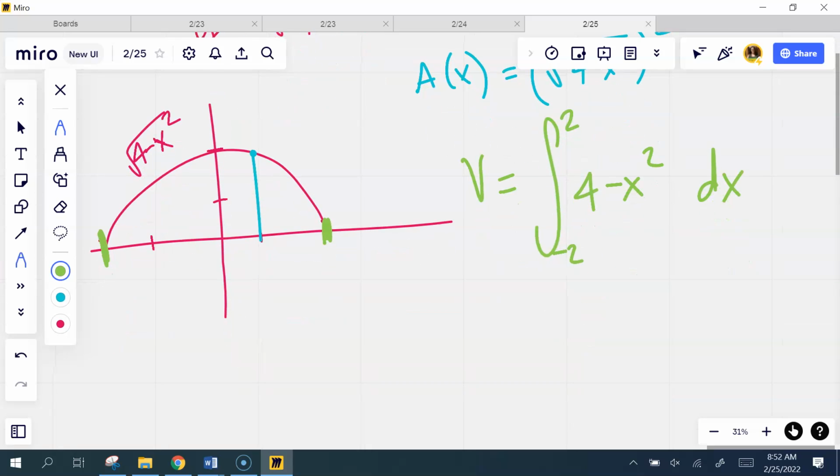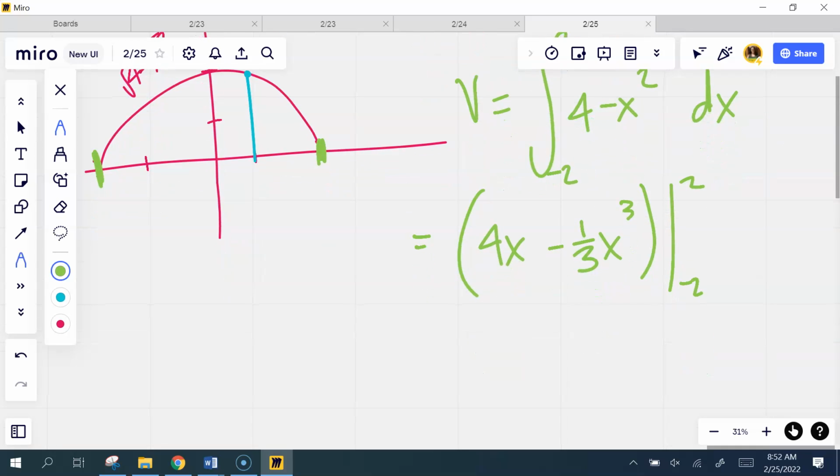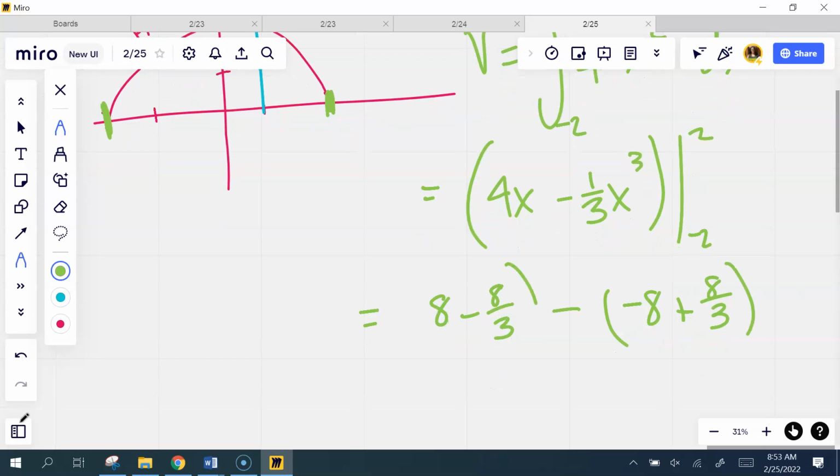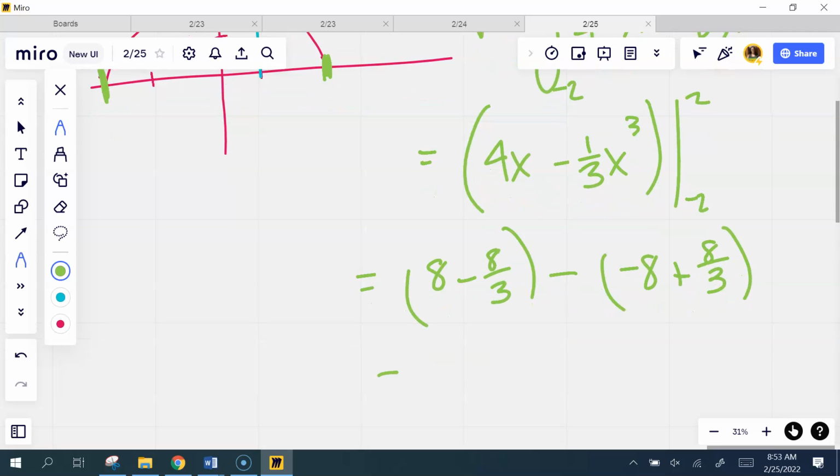Doesn't matter. 4x minus 1/3 x cubed evaluated from -2 to 2. 8 minus 8/3 minus, and then -8 plus 8/3, right? 16 minus 8/3 minus 8/3 minus 16/3.